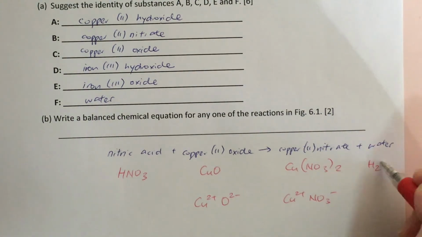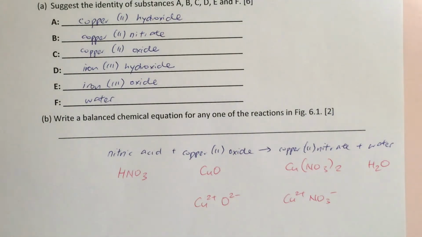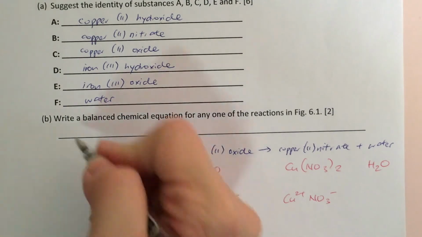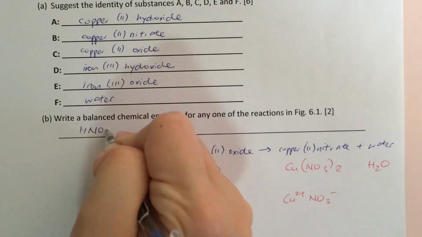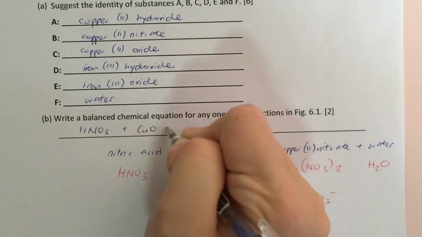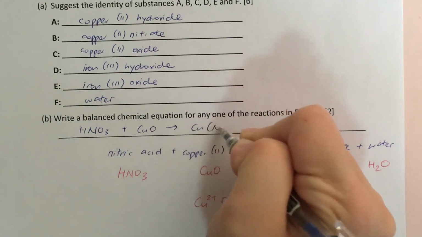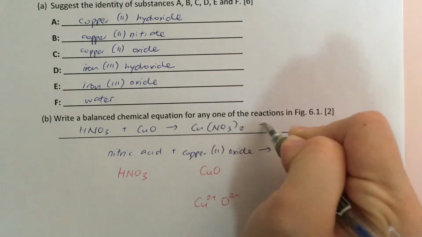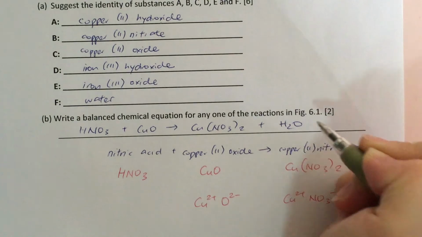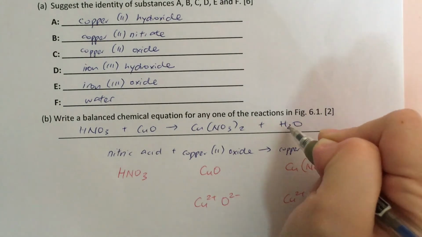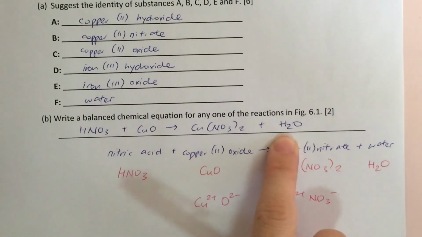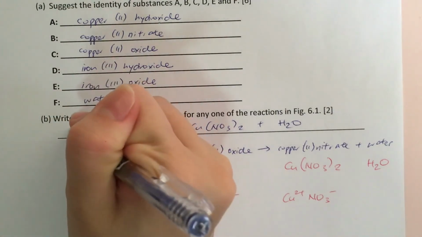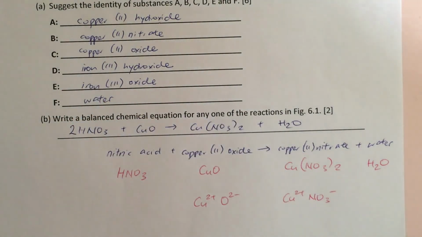And finally, water, H2O. So now with the chemical formulas, you write it down. And then you check whether it's balanced. So to balance the hydrogen and the nitrate, we need to put a 2 in front.